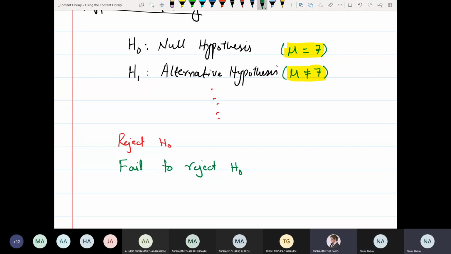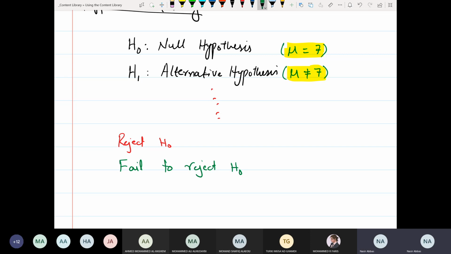And when you fail to reject H naught, does that always mean that your H1 is correct? No. You may be making errors. There is always a possibility of making errors. That's what Amjad was indicating by no. That means there is always a possibility of error.